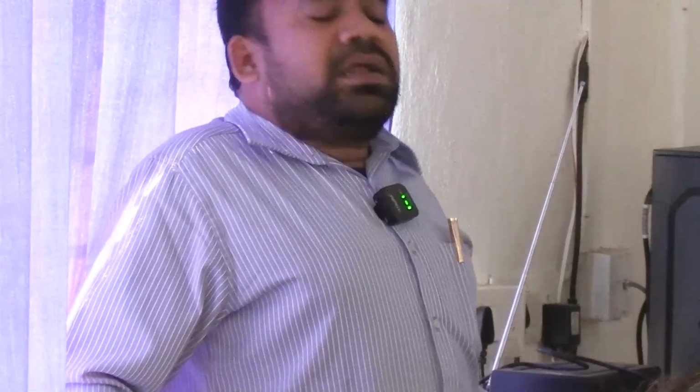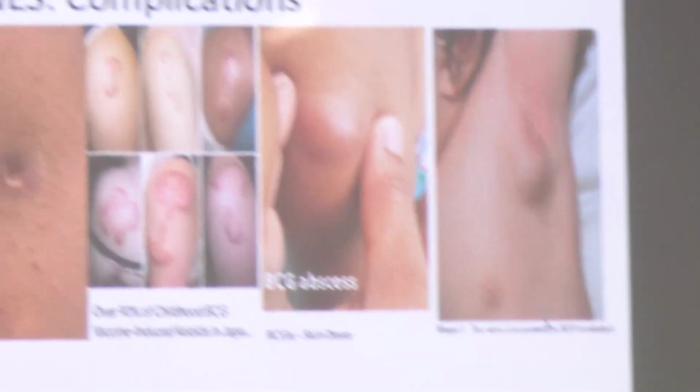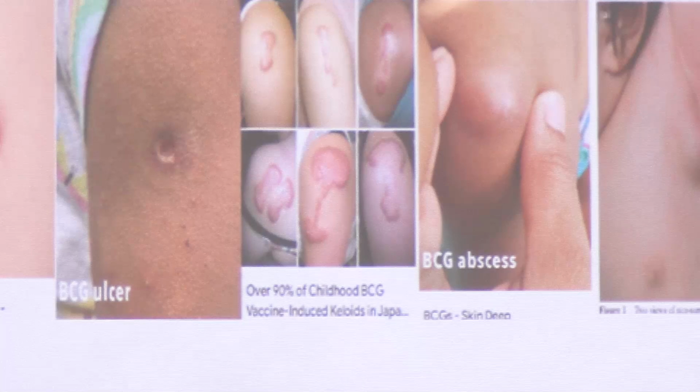What happens is that the lymph node undergoes swelling and inflammation called lymphadenitis. Most of the time this inflammation will subside on its own, but the skin lesion will progress.